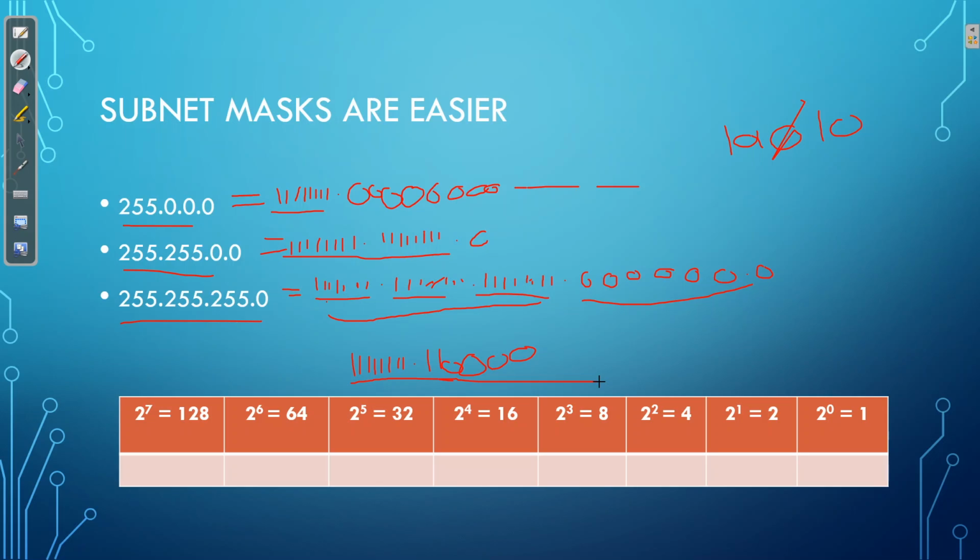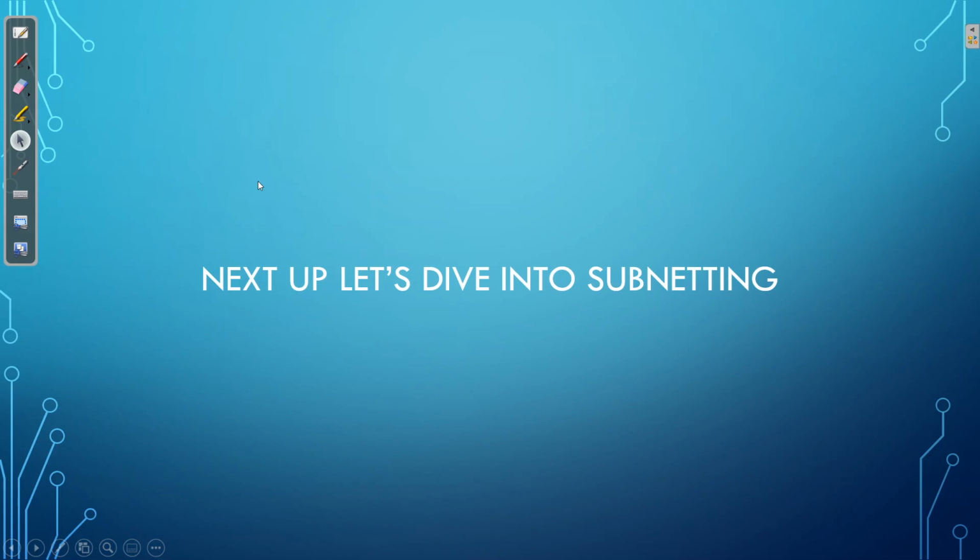Now, when we're calculating our IP address range for that subnet, we're going to be converting the IP address into binary, and then we're going to be working out the binary maths, and then we're going to be converting that back into decimal. Again, we will see this as we start to get more into subnetting, but for now, this is just an introduction to binary numbers and how to convert our IP address from decimal into the binary equivalent. So that is binary numbers completed.